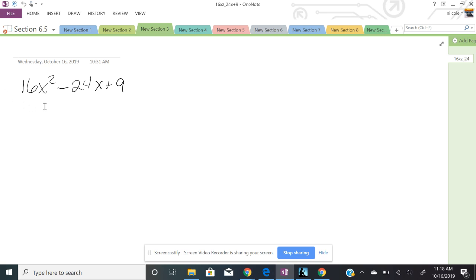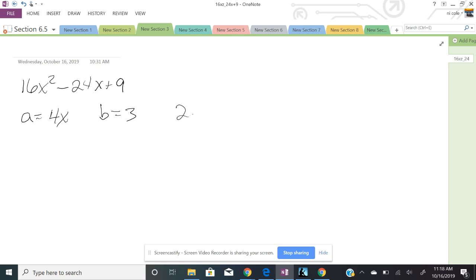Here we have, is this a perfect square? Well, it is. What times what makes 16x squared? So that would be a is equal to 4x, because 4x times 4x gives me 16x squared. And this is also a perfect square, so that would be my b. What times what equals 9? And that is 3.